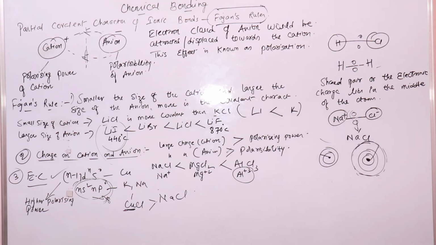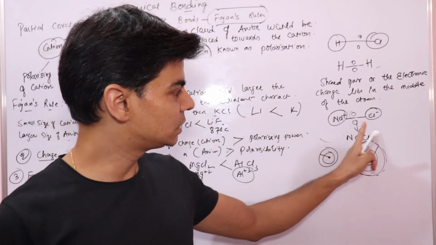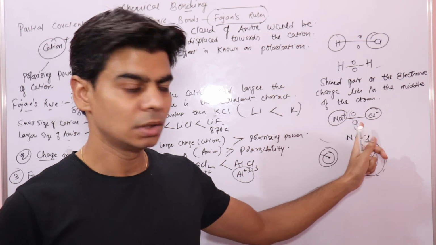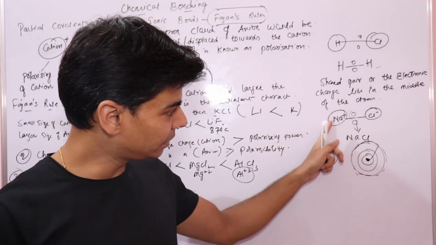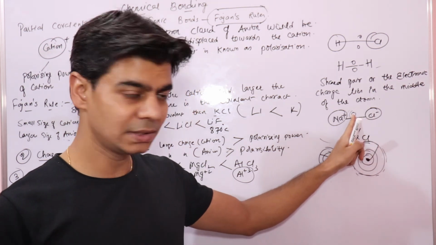Whenever you see an electrovalent compound, just remember that the cation can attract the electron cloud of the anion towards itself.